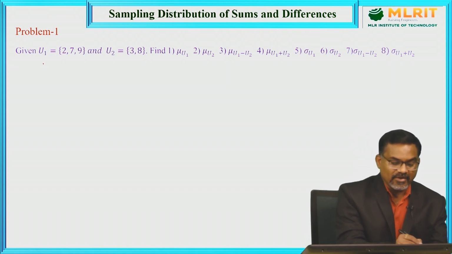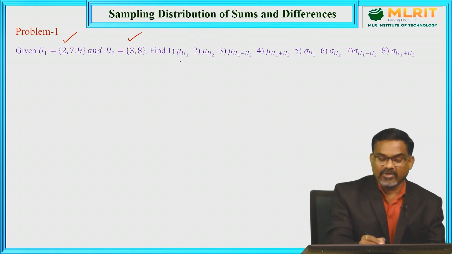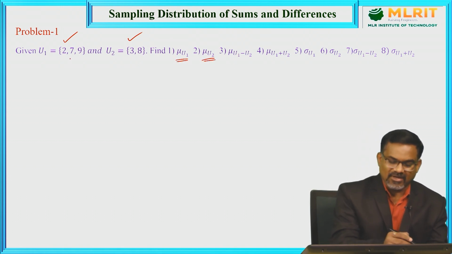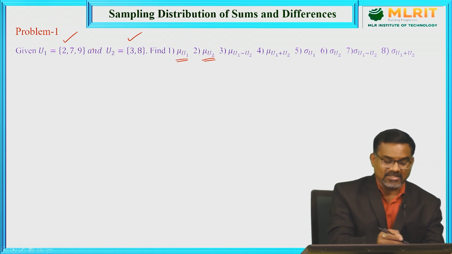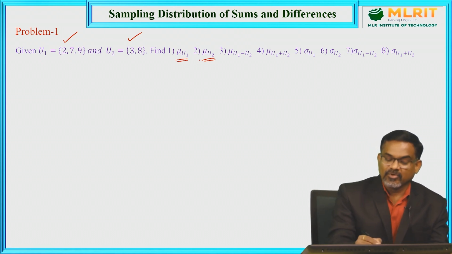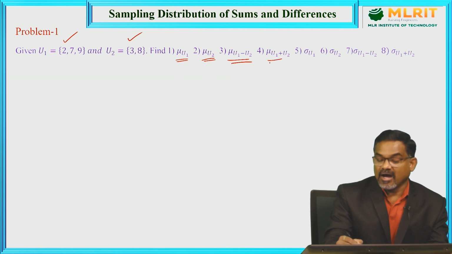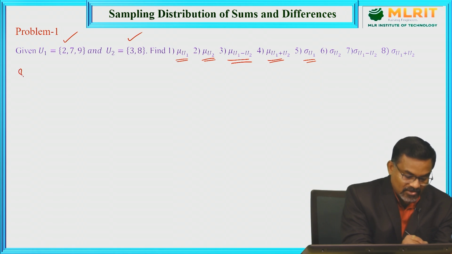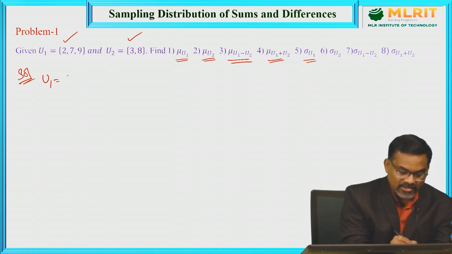Here two populations are given, U1 and U2. We need to calculate the mean of the first, the mean of the second, the difference between these two, and the standard deviation of the individual items. For example, let us consider the first one, U1, which is 2, 7, 9.